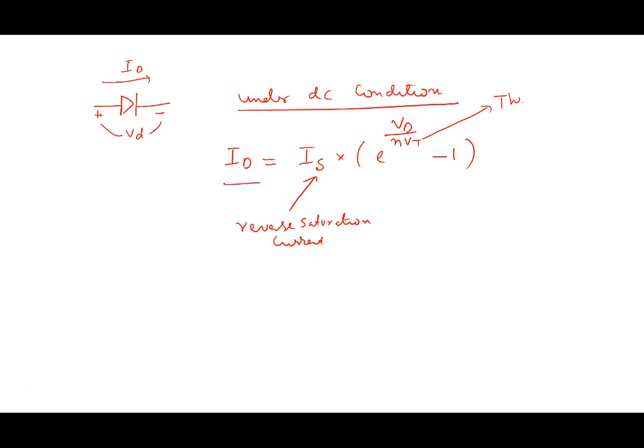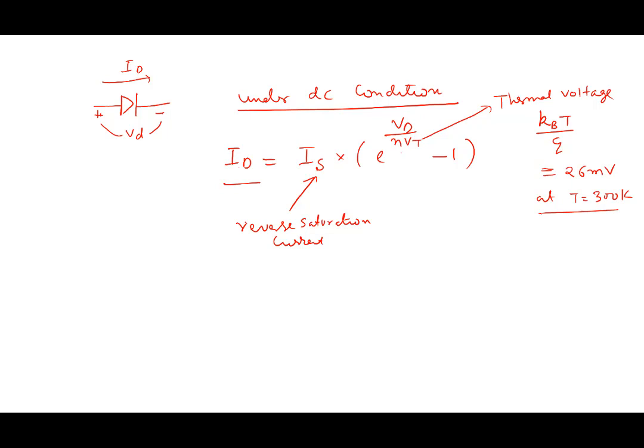We call it the thermal voltage, equal to k, the Boltzmann constant, times T by q, which has a value of around 26 millivolt at T equal to 300 Kelvin.